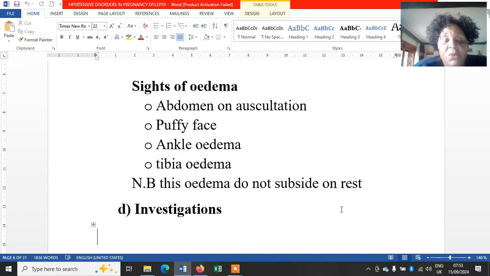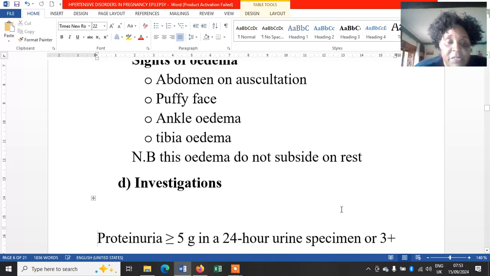And this mother will always report that even if she rests, this edema is not subsiding. So this edema is slightly different from that edema of renal and cardiac diseases, because the others subside on rest. But edema due to hypertensive disorders will never subside on rest.